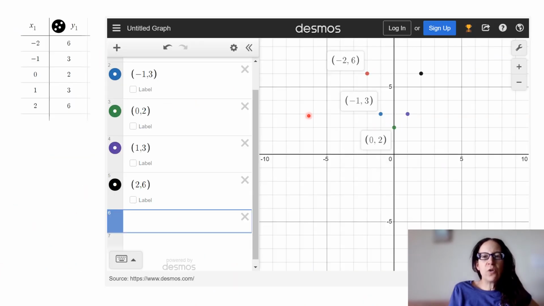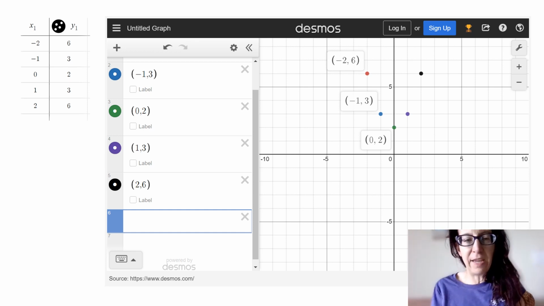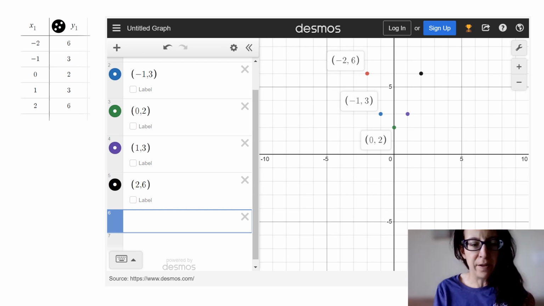Now, for this one, I did want to go in and just review how to do this on Desmos. You can plot the individual points. I know in my class a lot of students have done that. If you wanted to get a more accurate view, we have item 3 and my last one, 2, 6.